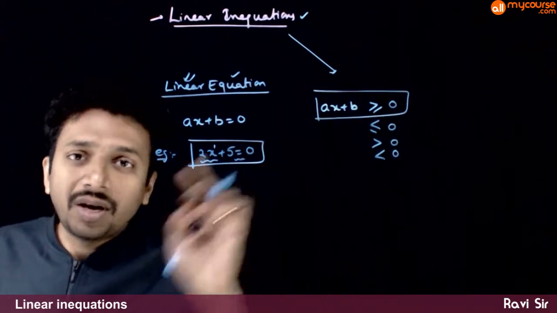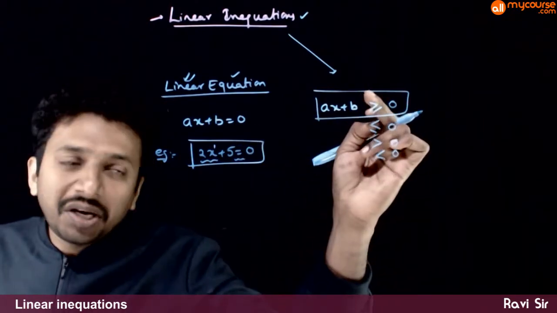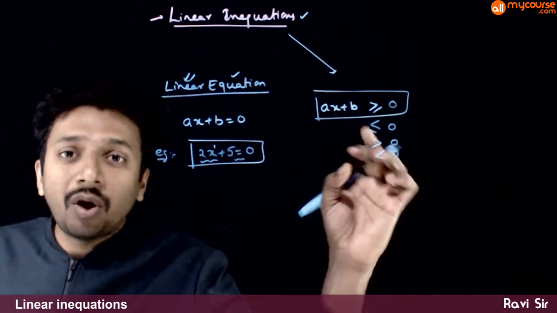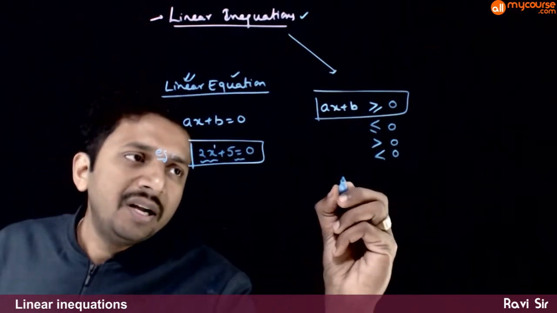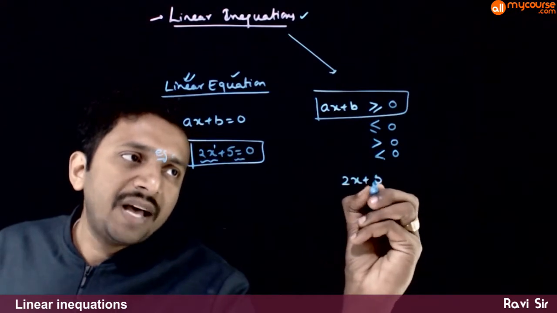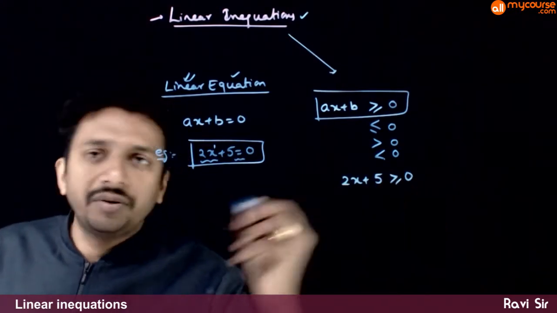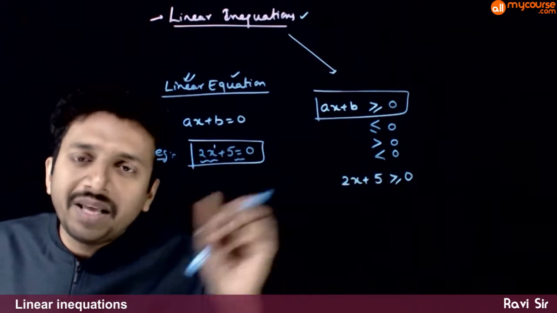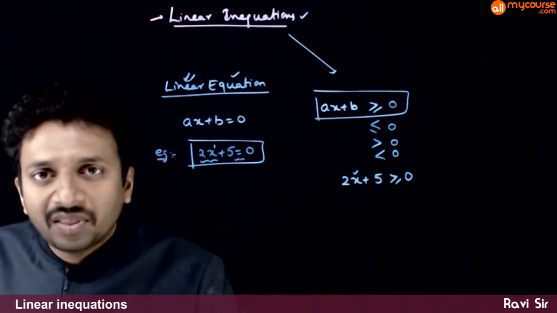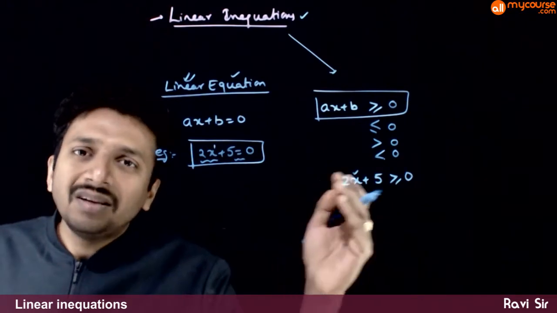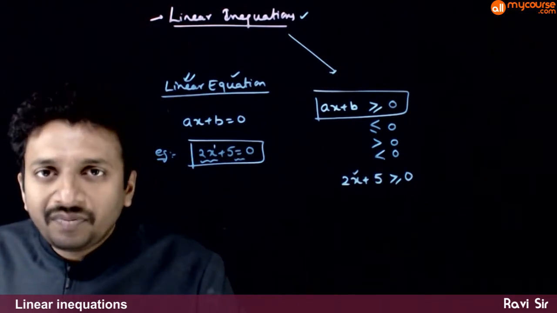Linear inequations look like ax plus b greater than or equal to, less than or equal to, greater than or less than 0. For example, 2x plus 5 greater than or equal to 0. This is a very simple example of a linear inequation in the variable x. You can create linear inequations in other variables also.